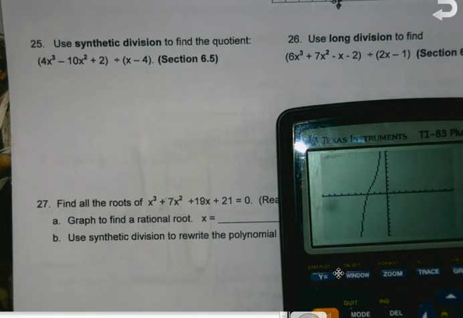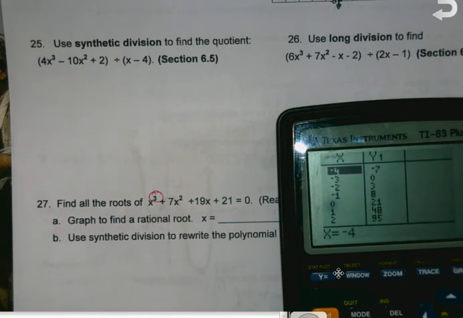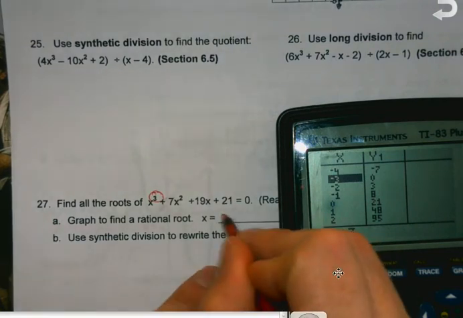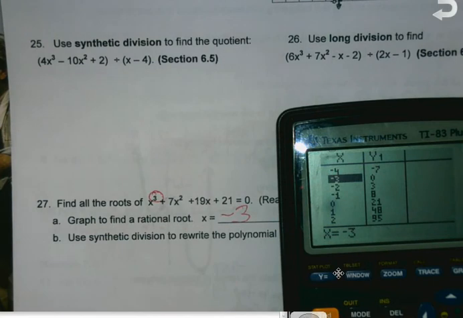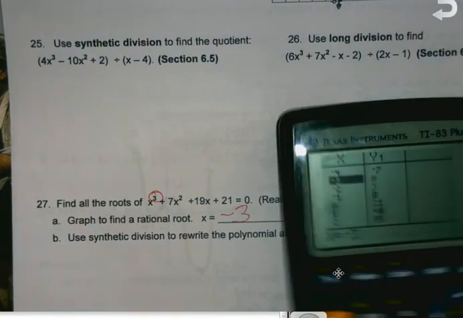Remember though, I know there are 3. I only see 1, so what looks like it's going to happen this time? Imaginary roots. So I find my one that I can get from my chart, -3, 0, so I have a root at -3. So now what?